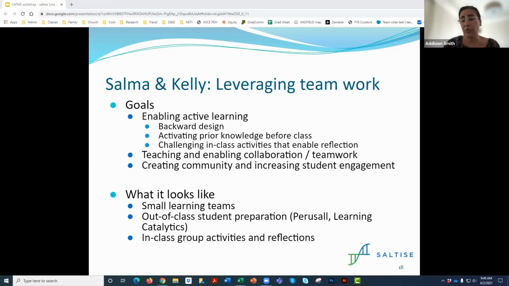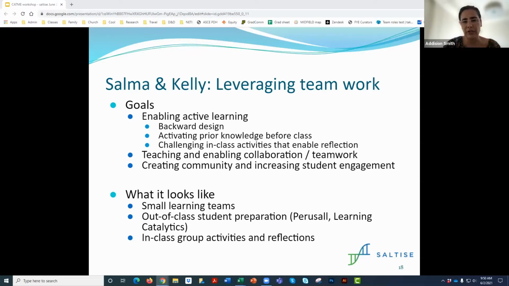And most of the professors we work with these days have also realized that you almost never leave college and go work by yourself in some basement. You're always working within a team. So it should be part of our practice to actually teach students how to work well together in teams.